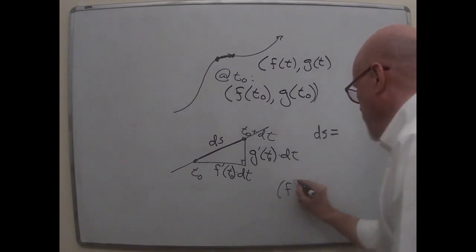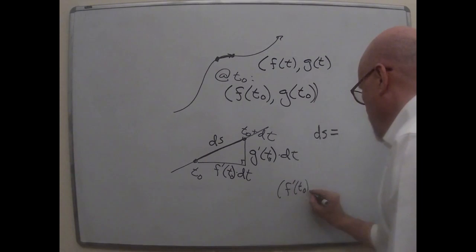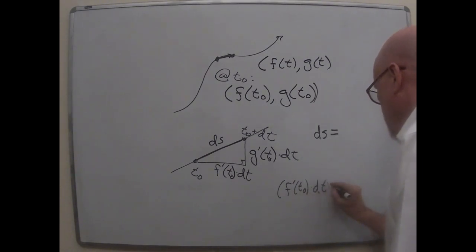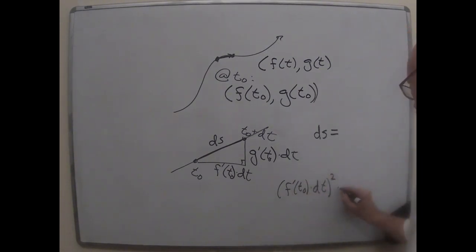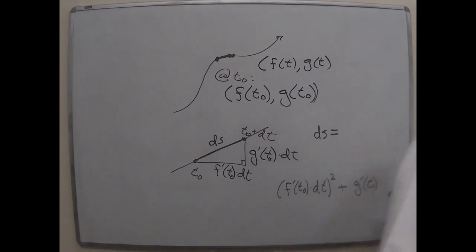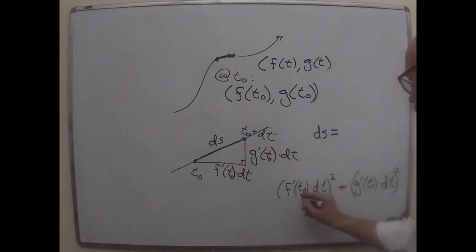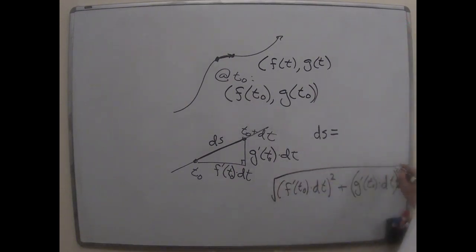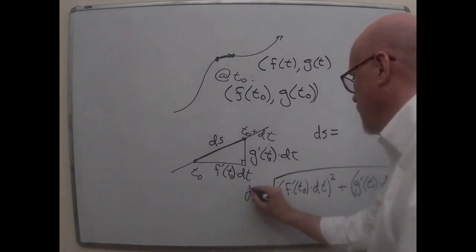You have f prime at t naught times dt, squared, plus g prime at t naught times dt, squared, square root of that mess, right? That's what ds is.